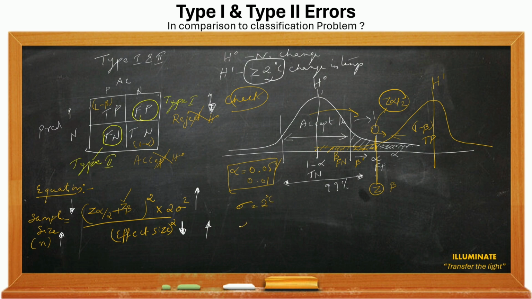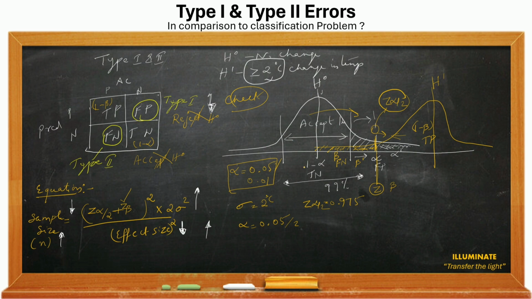Okay, now let's take a simple sample calculation and do this. Let's assume the standard deviation is equal to 2 degrees Celsius. And let's keep alpha as 0.05, the standard value. We'll have to get the Z score for alpha by 2, that is 0.025, or 0.975, that is 97.5% confidence.